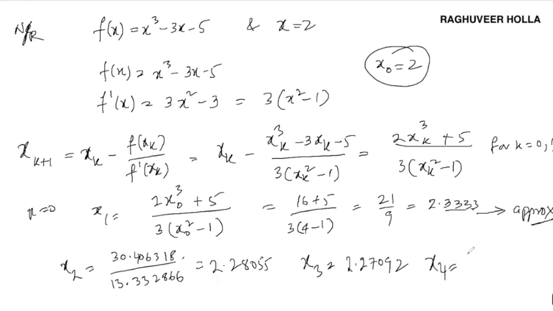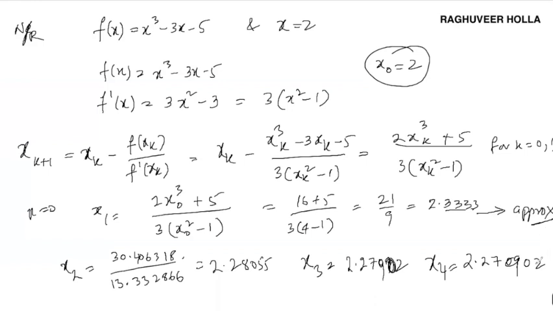Let us move on further. I'm substituting and getting all the values; you can cross check it. 2.2709, oh sorry, this is 902.